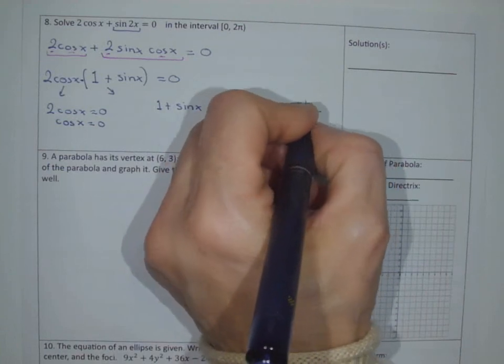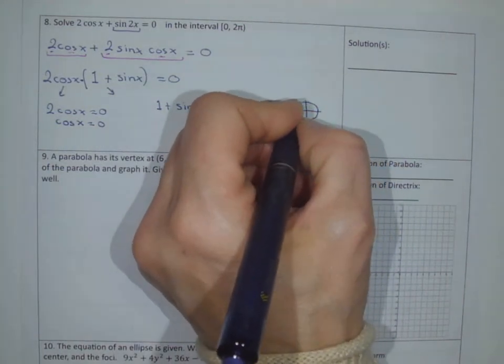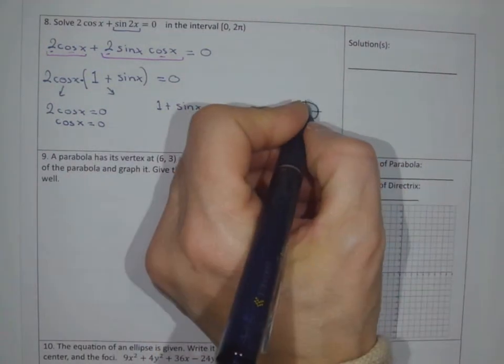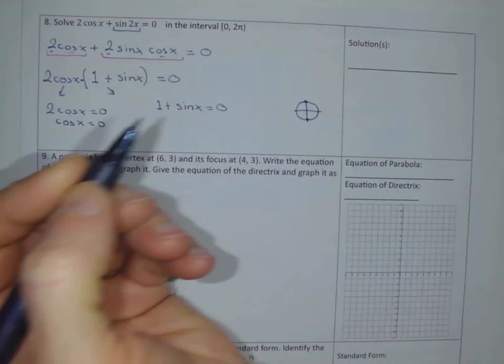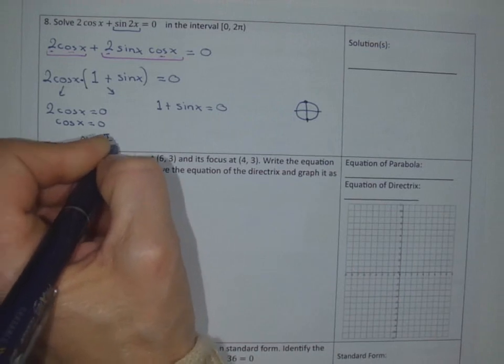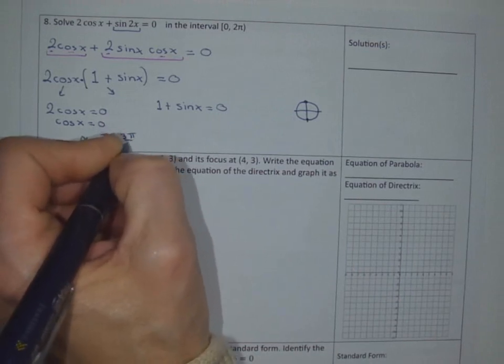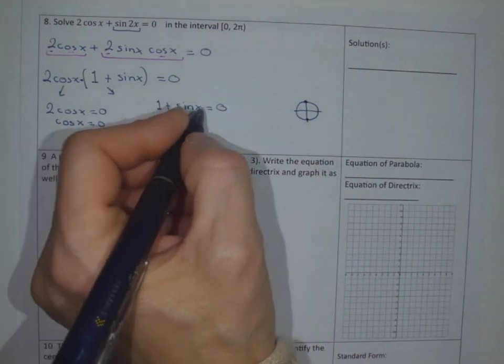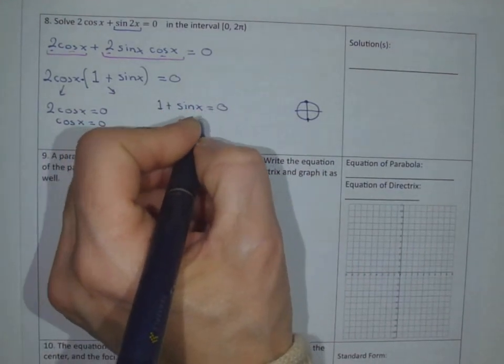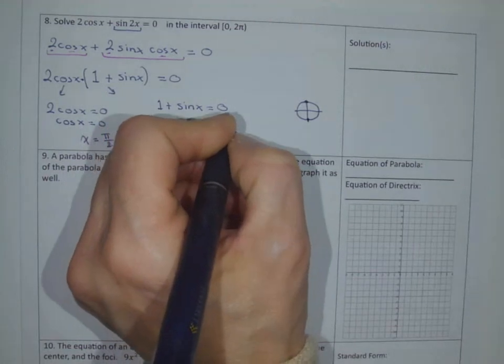And then remember, on your unit circle, your cosine is your x value, right? So your x value will be equal to 0 here and here. So x will be equal to pi over 2 and 3 pi over 2. And then isolate your sine here, so subtract 1, so sine of x equals negative 1.